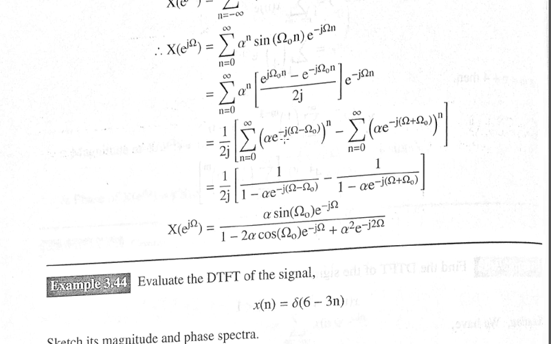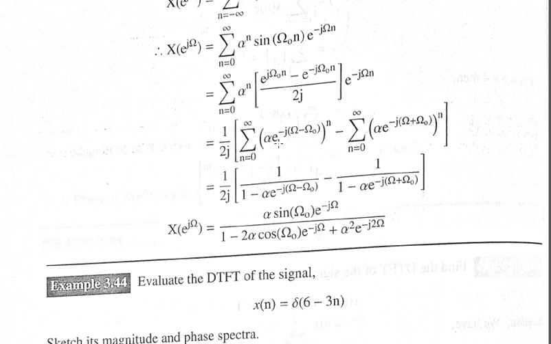So by arranging, we can write this as j times omega minus omega naught. So the minus sign is there with alpha, as well as this alpha raised to n is there. So we write alpha e to the power minus j omega minus omega naught, and the same minus sign, alpha e to the power minus j omega is there, so omega plus omega naught.